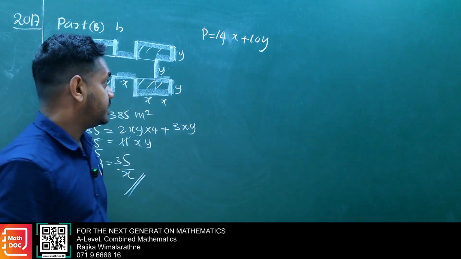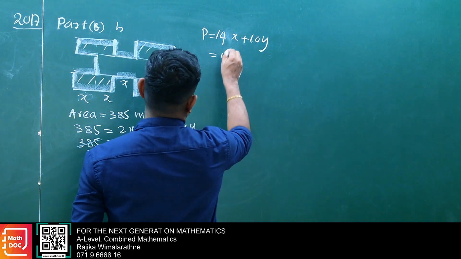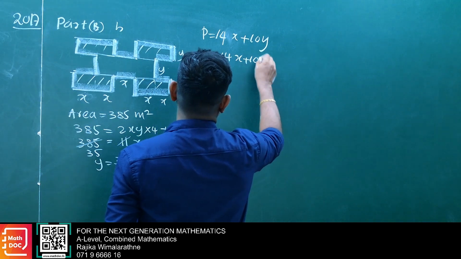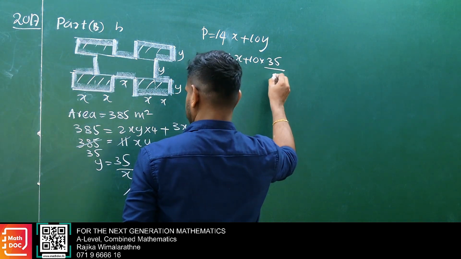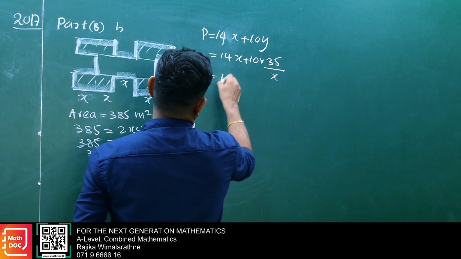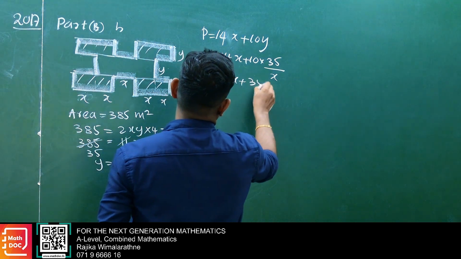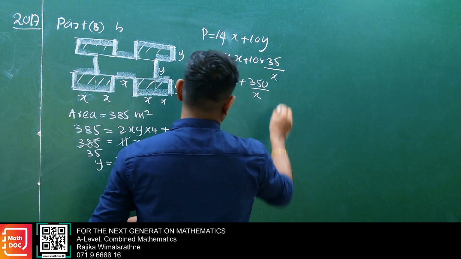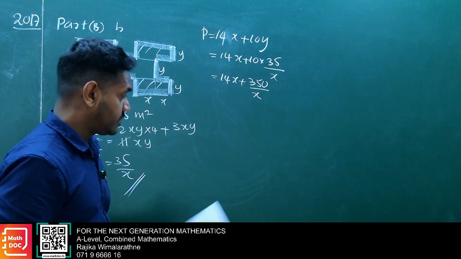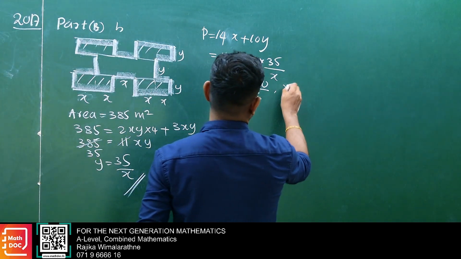Now remove y, convert into a single variable. 14x plus 10y, with y equal to 35 over x. Then 14x plus 350 over x. Here given x greater than 0.